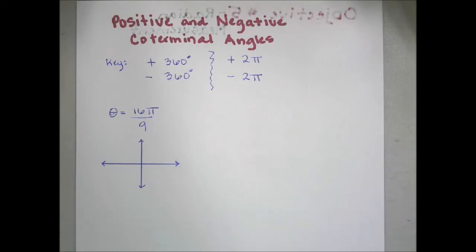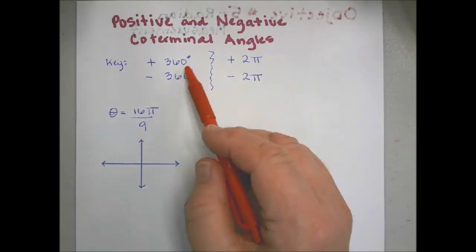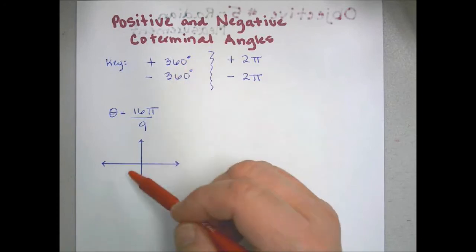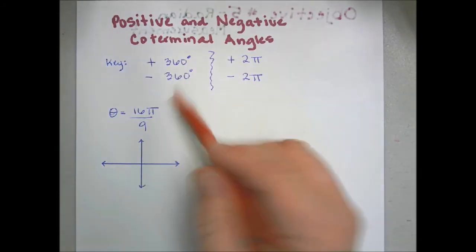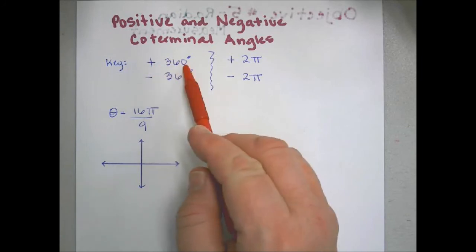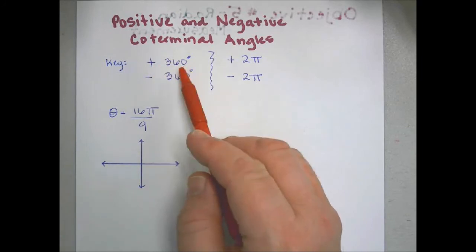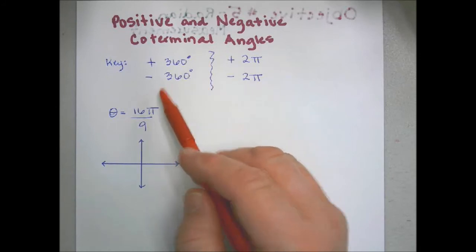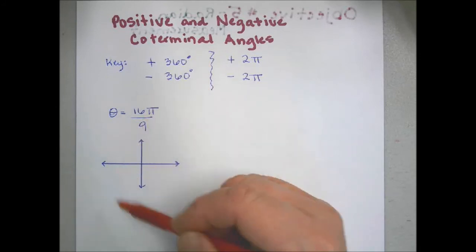Okay, now we're going to do something we did when we were working with degrees, but now we're going to just do it with radians. We're going to find positive and negative coterminal angles. Now, the key was, when I was in degrees, a positive coterminal angle just meant wherever you are, go around a complete circle. So add 360 degrees. And then a negative coterminal angle was wherever you are, go 360 degrees the other way.